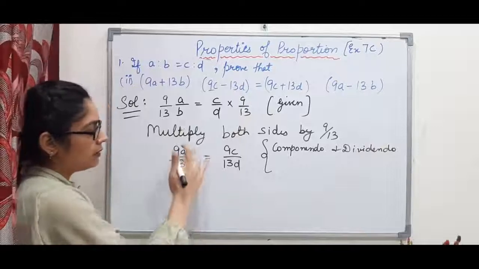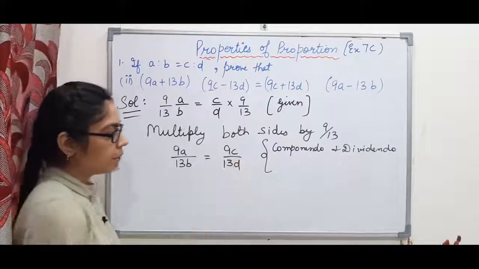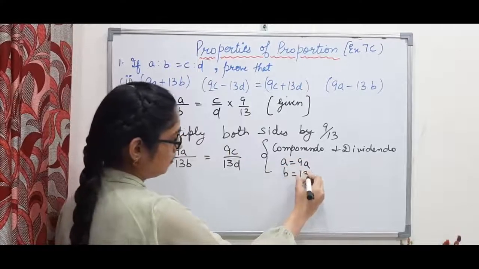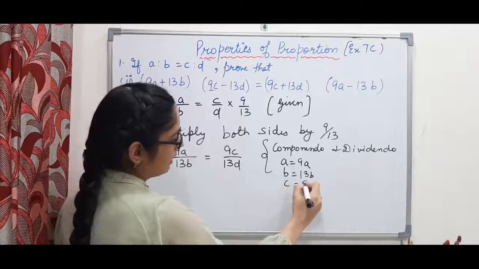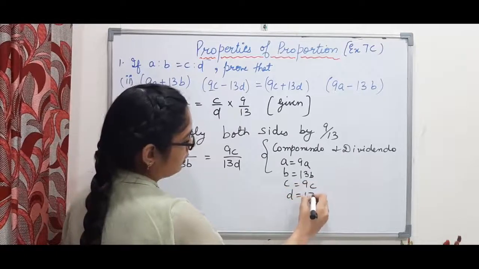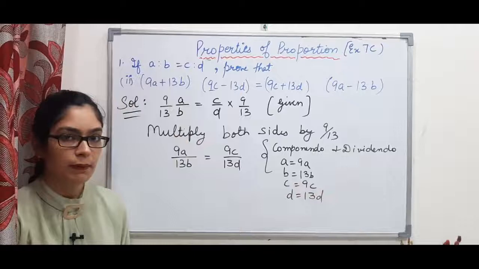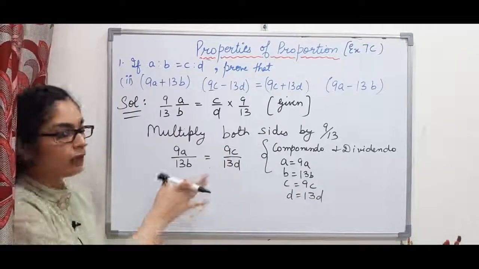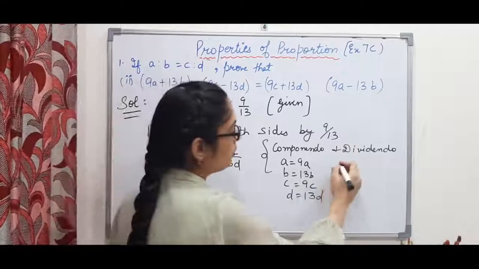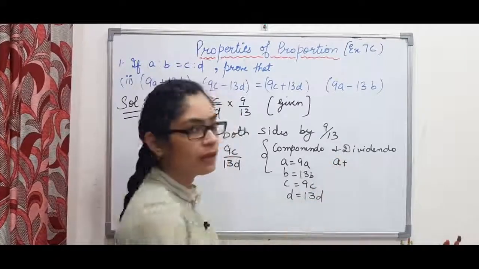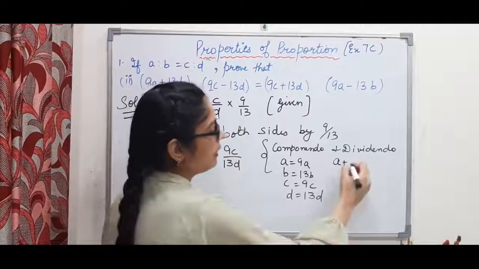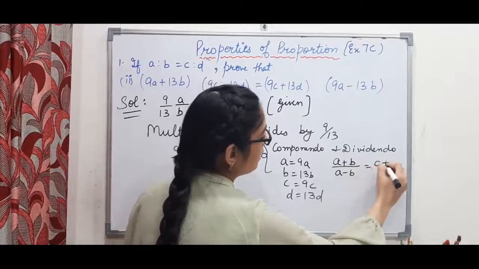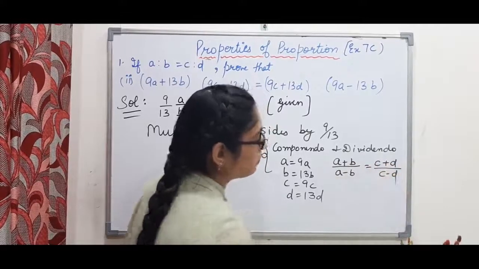See, now my a is this, b is this, c is this and d is this. So a I will write 9a, b is 13b and c is 9c, d is 13d. These are the values of my a, b, c, d now. Only if a by b is equals to c by d is there, then we can use componendo and dividendo. That means if a by b is equals to c by d, then a plus b by a minus b is equals to c plus d by c minus d.